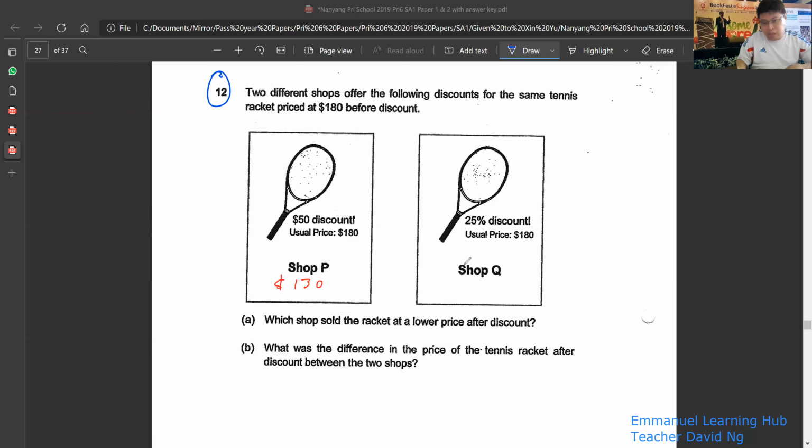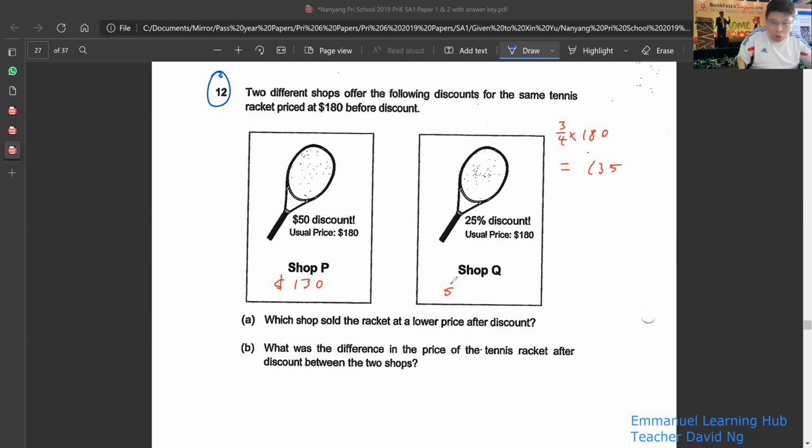Shop Q is a 25% discount. So 3/4 times 180. You have a 25% discount, and 25% is 1/4, by the way.